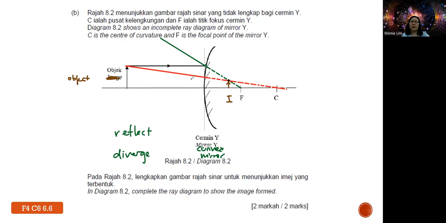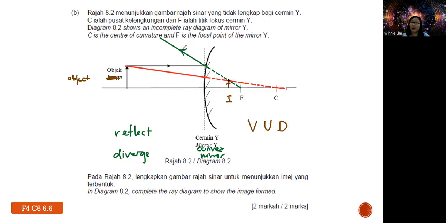Yes. So if you compare the image to the object, they are basically diminished, notice, and then they are upright and they are virtual because they're formed by a virtual point. So this is a characteristic. Now it is good if you know how to draw the arrowhead, like I said for the first one, the green one, right?